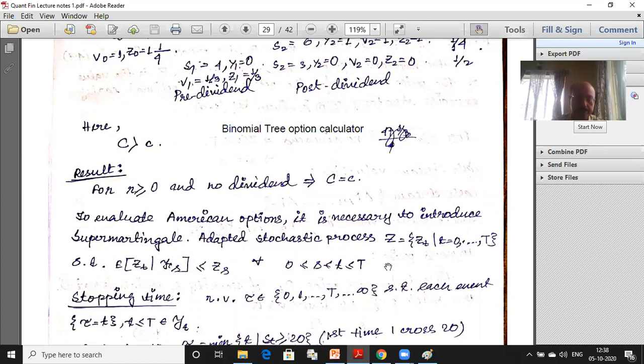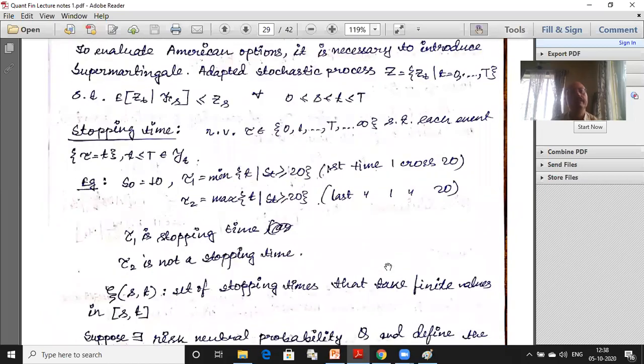So let me now make it a theoretically complete statement. So what is the statement? To make that statement, I have to introduce one more object. So I will introduce something called a super martingale. So what is a super martingale? It's an adapted stochastic process like a martingale. Only now the conditional expectation of this process is less than or equal to the current value. For a martingale, this was equal. For a super martingale, it is less than or equal.